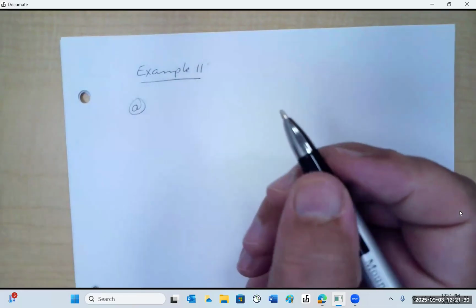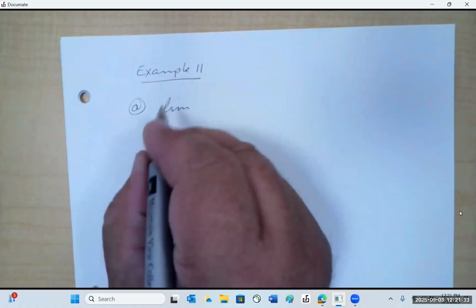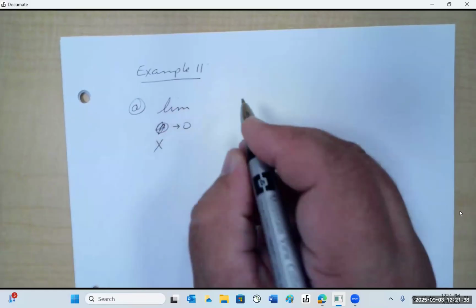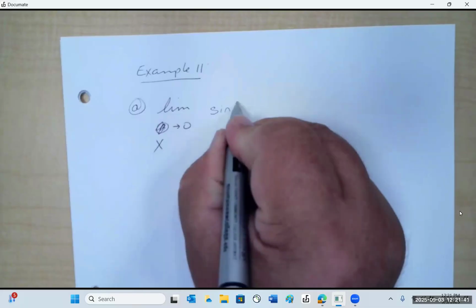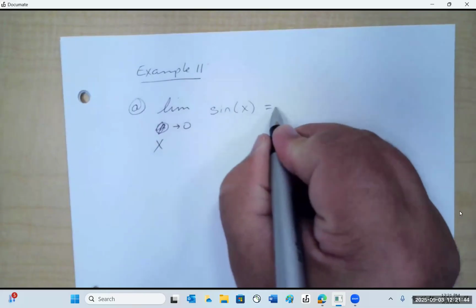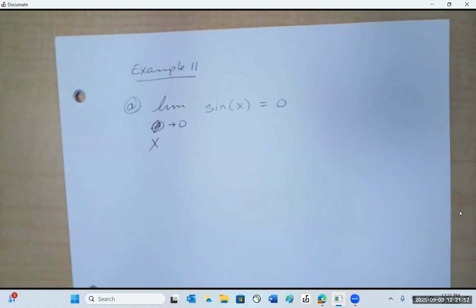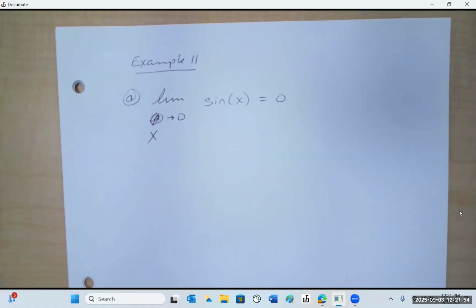Use the sandwich theorem to help prove this: the limit as theta goes to 0 of sine of x. So how do we prove this? Using the sandwich theorem.